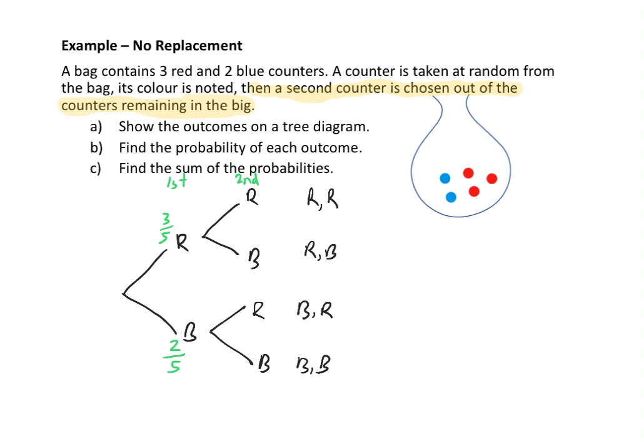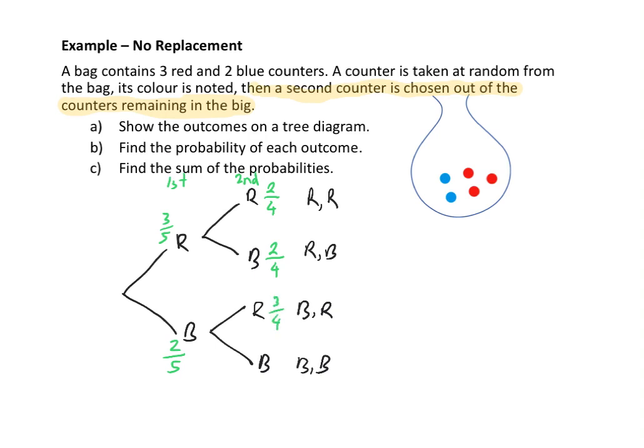So the probability of getting a red on my second draw, if I got a red on my first, is going to be 2 out of 4 because I'm going to have 2 red counters remaining out of a total of 4. And the probability of getting a blue is going to be 2 over 4. Now the probability of getting a red, if my first counter was a blue, this time I'm going to have 3 red counters remaining, so it's going to be 3 out of 4.